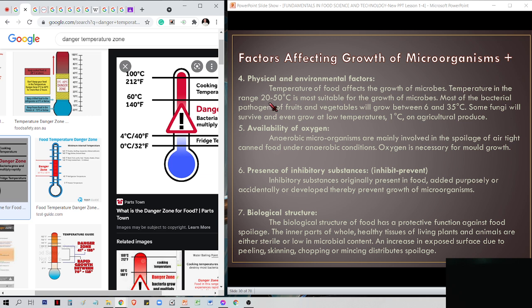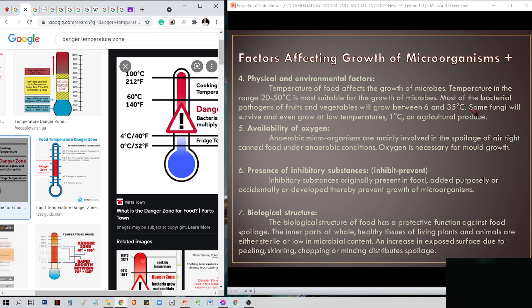Since 20 and 50 degrees Celsius fall within the danger temperature zone, which in degrees Celsius is 4 to 60 degrees Celsius, and for Fahrenheit, that is 40 and then 140. So it belongs there. So there is a chance of the growth of bacteria. So it is most suitable for the microbes to grow.